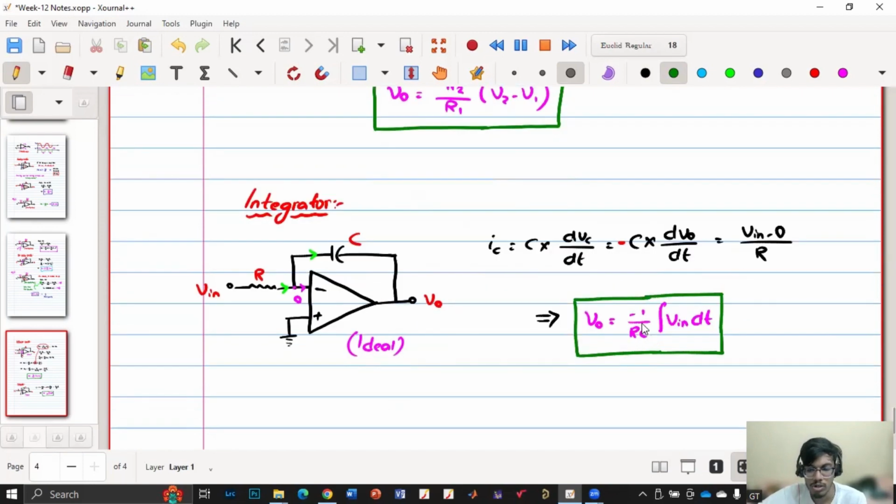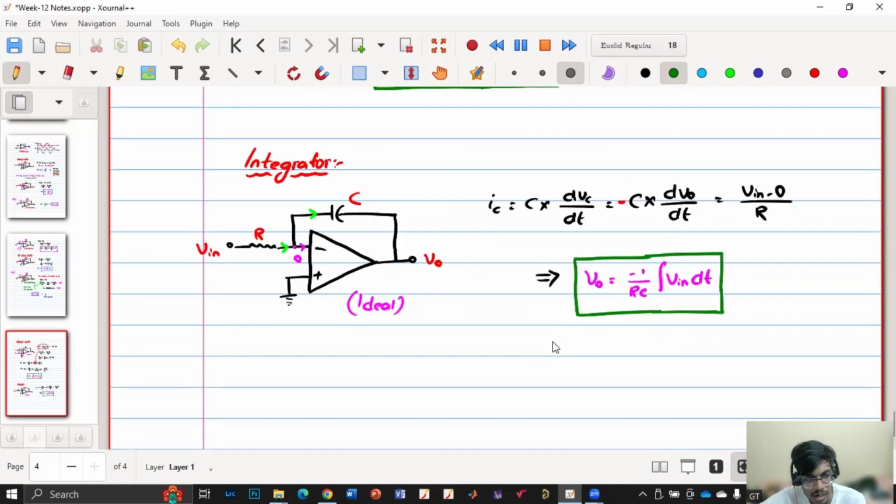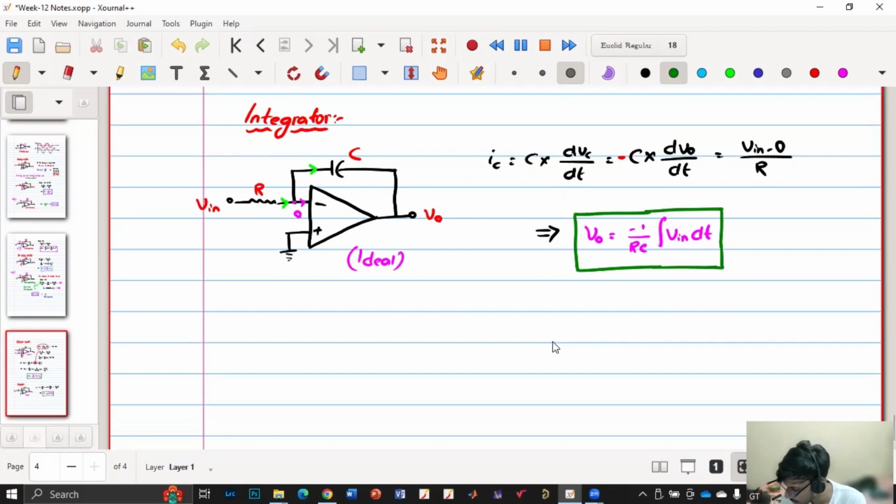But if you want positive, then you put another inverting amplifier of gain -1. So overall it will be 1 by RC into integral V in dt. Similarly, like this integrator, we also have a differentiator.